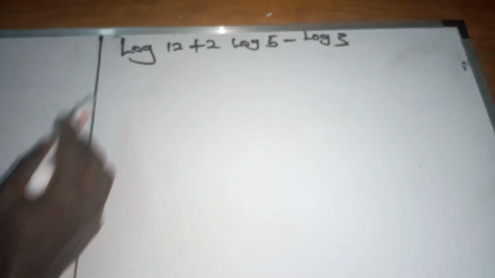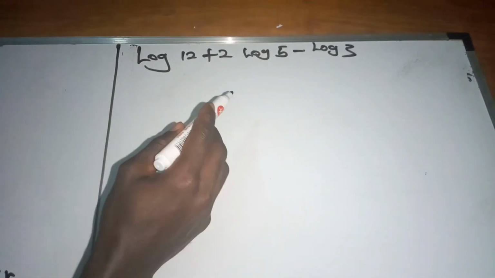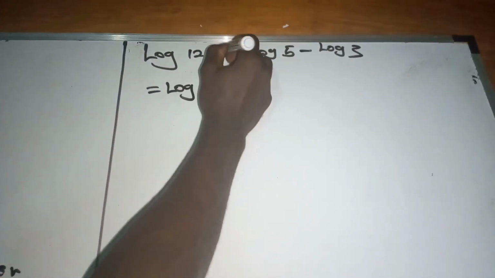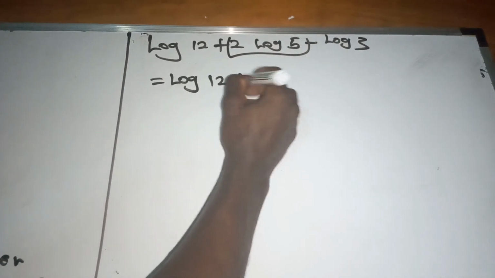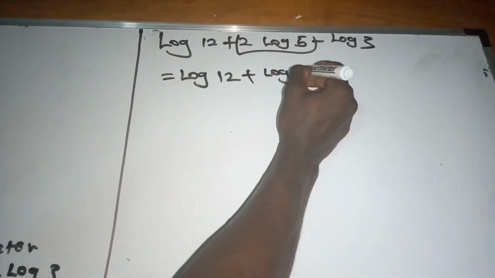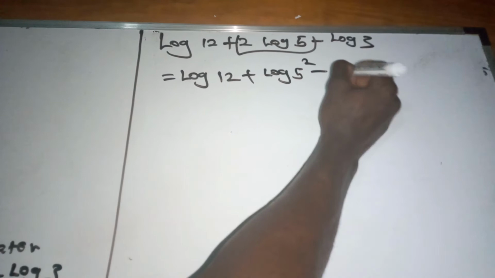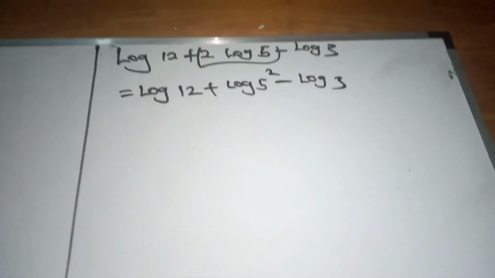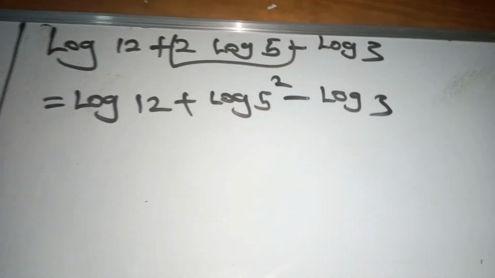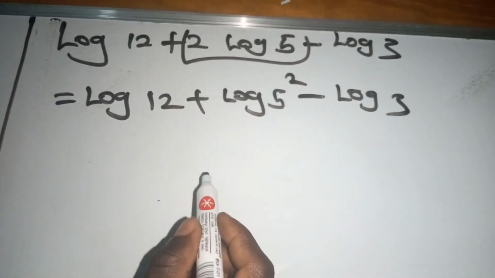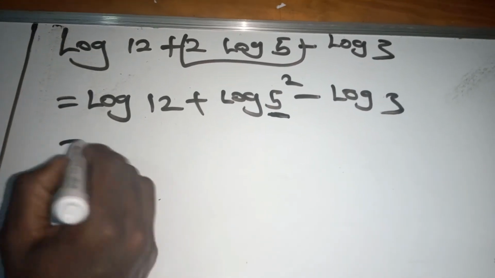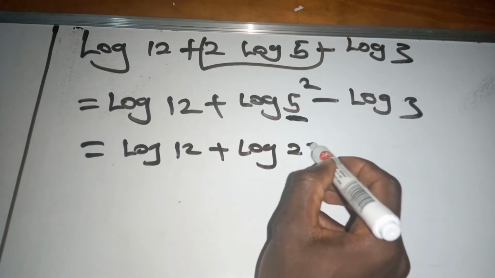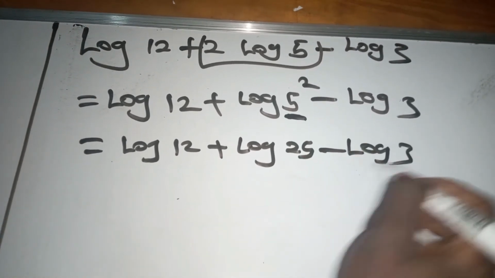The first step is log 12 plus log 5 raised to power 2 minus log 3. Are we together? Our second step is, this one will be 25. So it will be log 12 plus log 25 minus log 3.